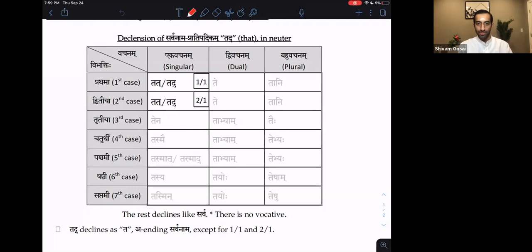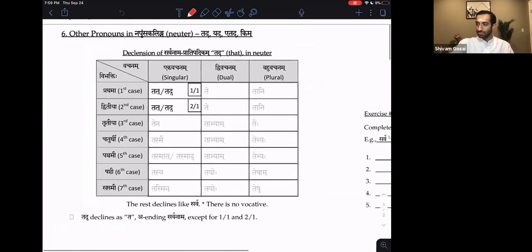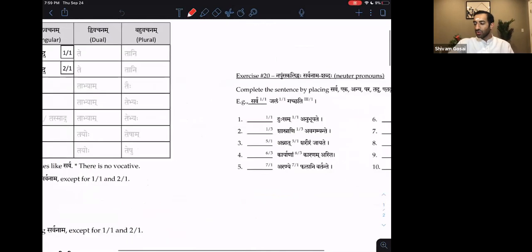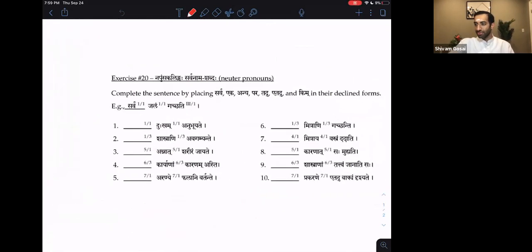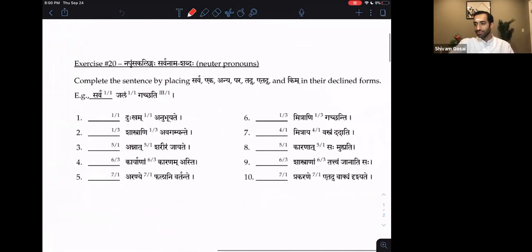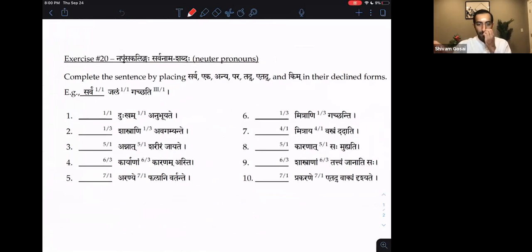Okay, so tad, te, tani, tena, tabhyam, taihi, etc. If we look at this example, if we're going to fill this in, number 1: dukkham anubhuyate. So we want to put tad before that. Tad 1-1 is just tad. So tad dukkham anubhuyate.